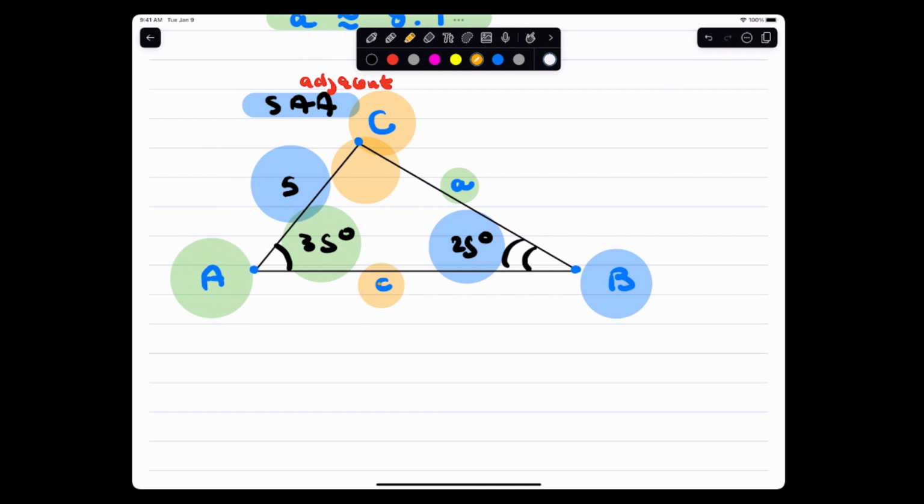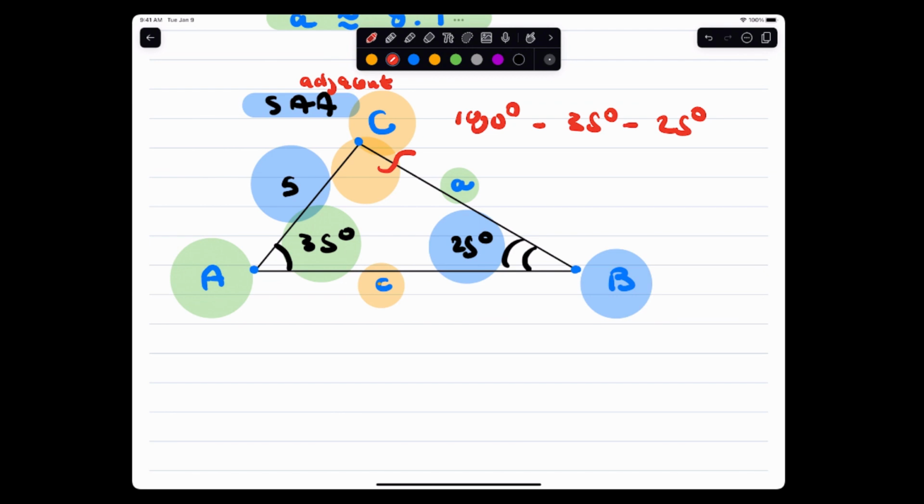Now again, if you have two angles, that is very nice. Why is that nice if you have two angles? What's that? You can find the third angle. How do you guys always find the third angle? Take 180 and subtract the other angles in your triangle because the sum should always be 180. Is that true?